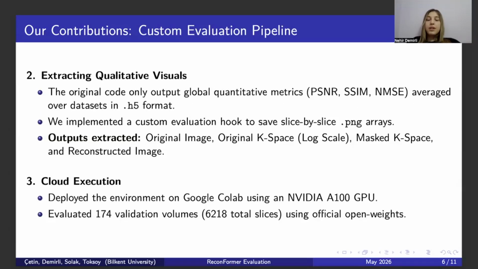Next, we built a custom evaluation pipeline to go beyond simple global metrics. Using a specialized visualization hook, we now extract and audit slice-by-slice outputs, including K-space data and error maps. We scaled this across 174 volumes on NVIDIA A100 GPUs for visual and statistical rigor.